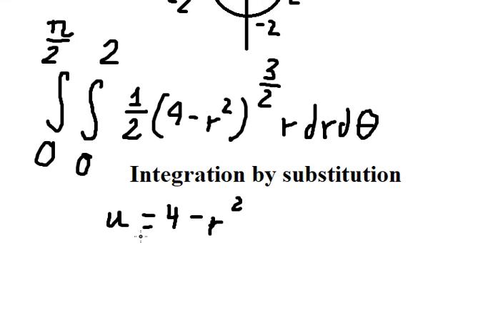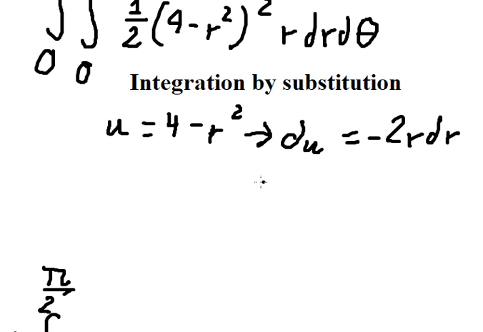After that, we take the first derivative for both sides. And we have negative number 2r dr. Because we don't have negative number 2, we divide both sides by negative number 2.